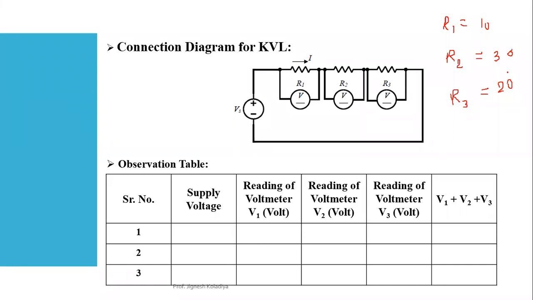R1 is 10, R2 30, and R3 20. And then we will apply the voltage levels.